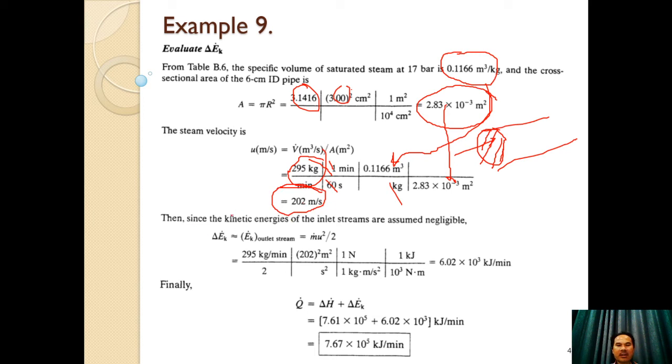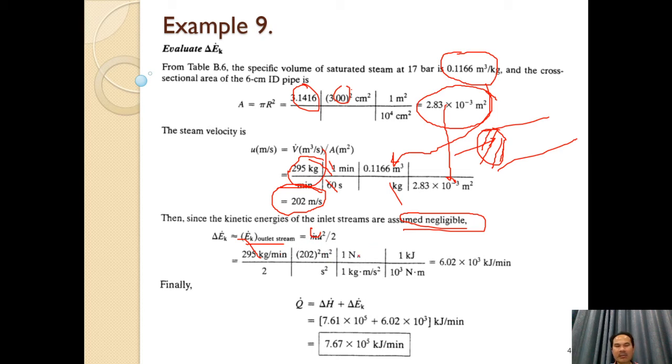And then you calculate delta EK. Delta EK is the EK output minus EK input, but EK input approaches 0 because we neglect the kinetic energy of the input state. Delta EK equal to EK of the outlet state, equal to m dot u squared divided by 2. M dot is 290 kilogram per minute, divided by 2, and u is 202 meters per second, squared.